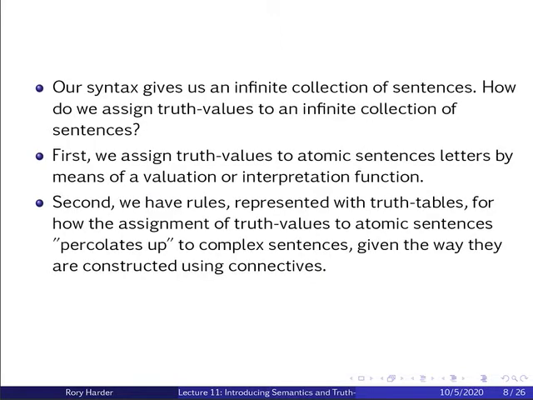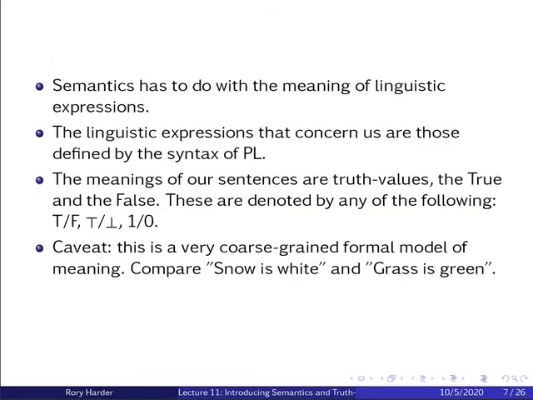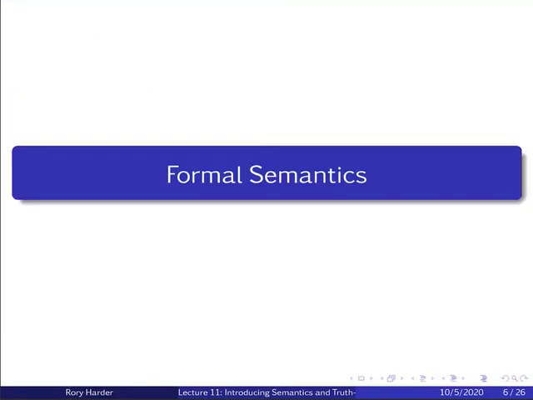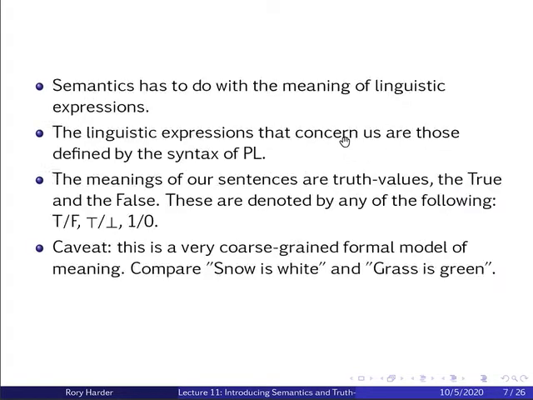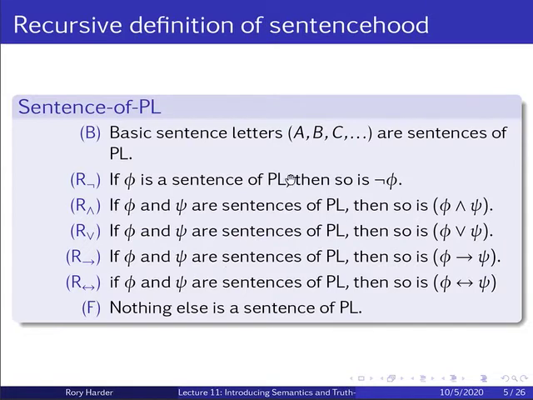So now, our syntax, the rules for constructing sentences, give us an infinite collection of sentences. We can keep on applying these rules to their own outputs forever. For instance, we can keep on adding negation signs in front of sentences.